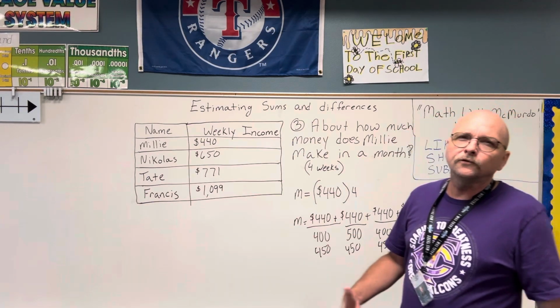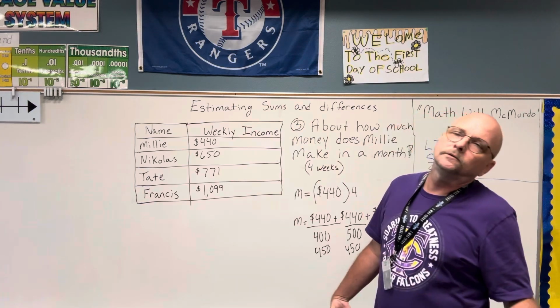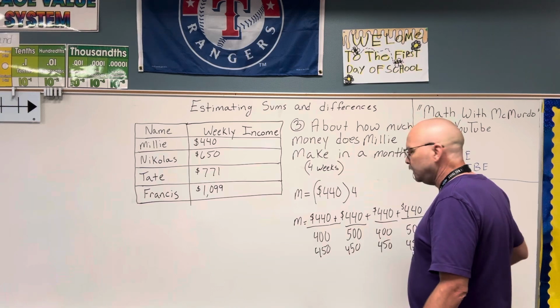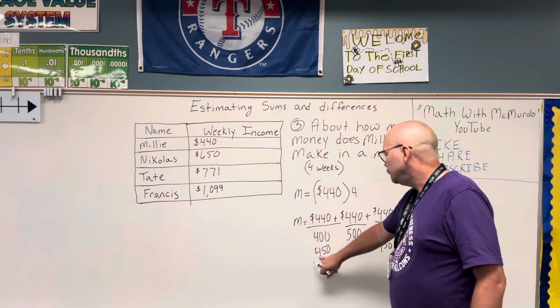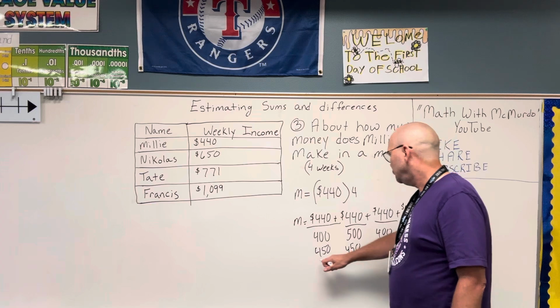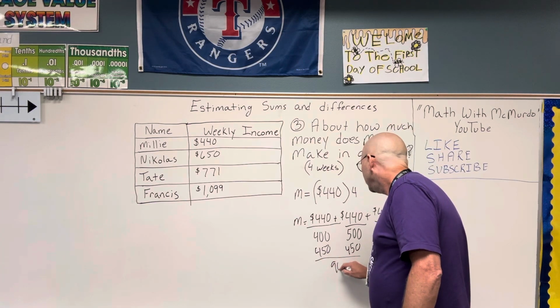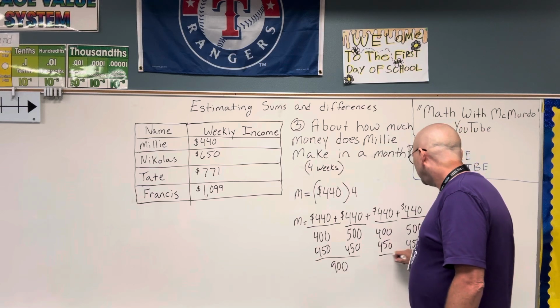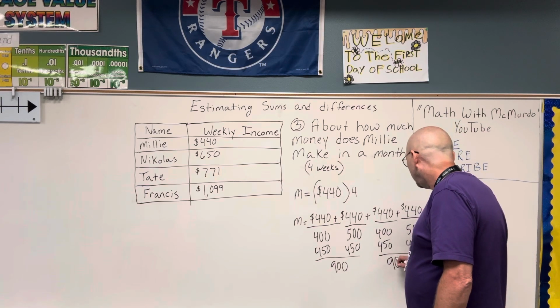A little bit more difficult for you to possibly add these in your head, but if you know 45 plus 45 is 90, I would have 900.